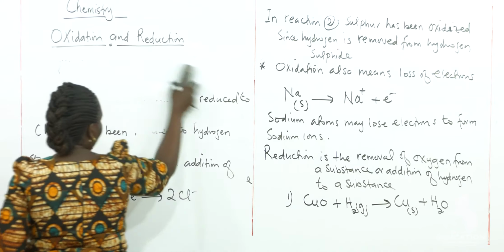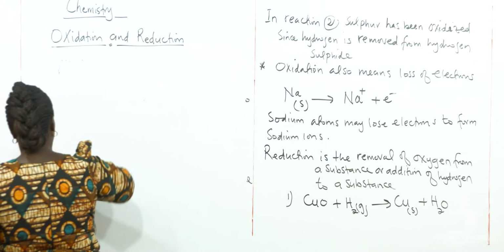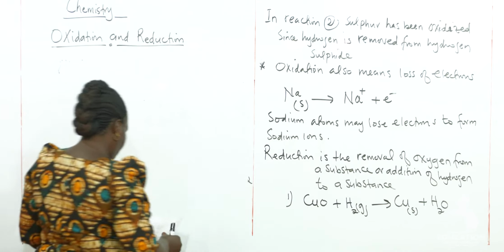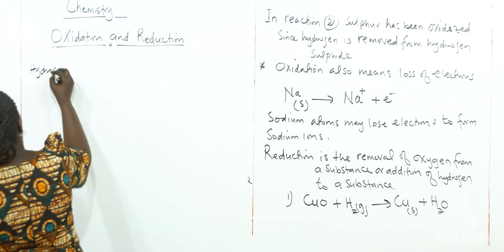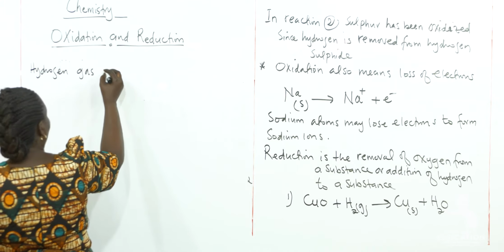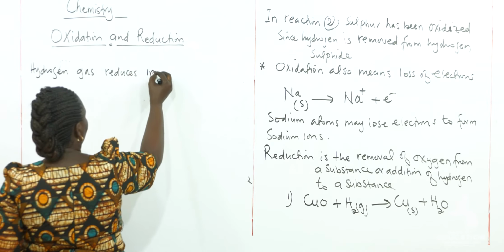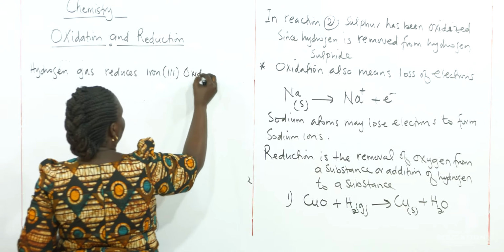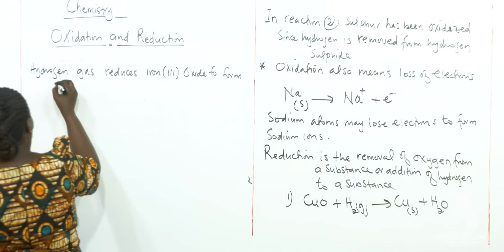So let us look at the following reaction in order to identify whether oxidation or reduction has taken place. Hydrogen gas reduces iron 3 oxide to form iron.